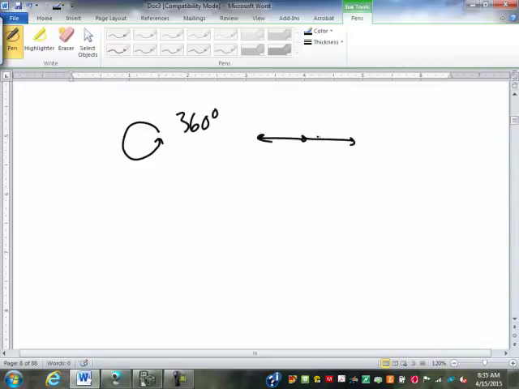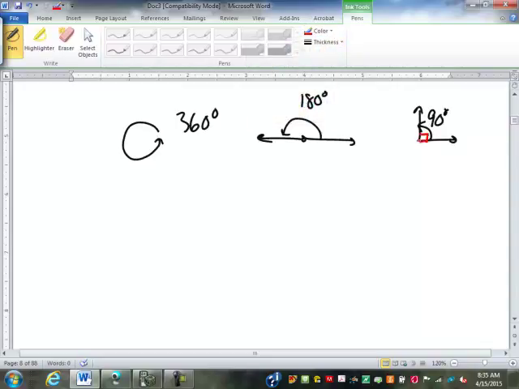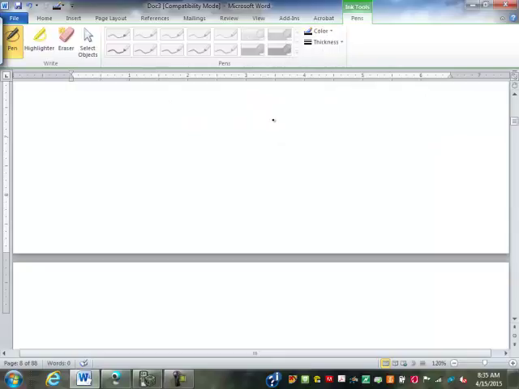So a half circle is 180 degrees, turning directly into the opposite direction. And if you make a square corner, that would be 90 degrees. In fact, we usually indicate that that's 90 degrees by putting a square in the corner of it to indicate that that corner is square. So we have some special angles.